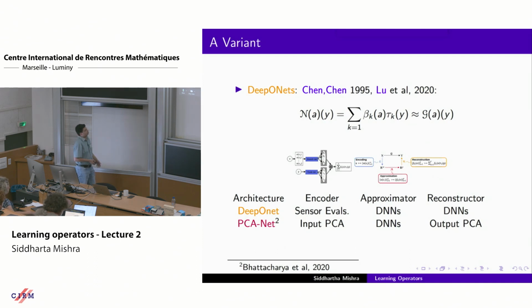You can always do PCA on data, and then you use a DNN, and on the output side you also do a PCA. It's called a PCA net, which was developed by some people at Caltech. But the idea is the same: you extract finite dimensional objects, you process them, and then you have a learned basis. So essentially this is the basic idea.